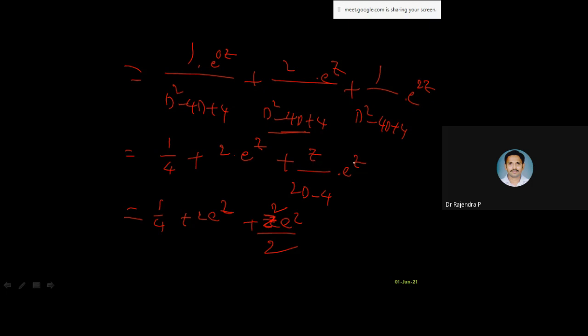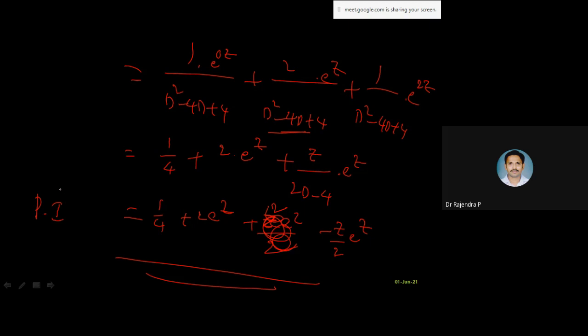When I substitute the coefficient of z, I'm not getting 0, right? If you are not getting 0, then okay: 2 minus 4, that will be minus 2, z by 2 into e power z. Correct? Yes? This is your particular integral.